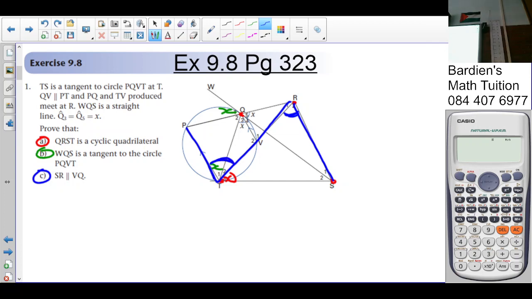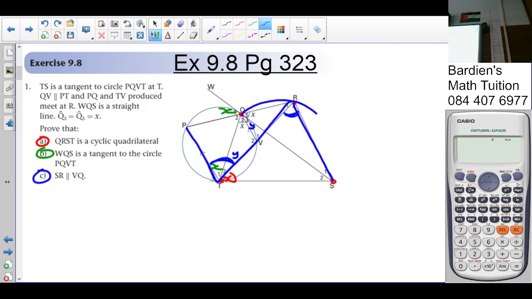So if I make this Y, T2 is also equal to which angle? T2 is equal to Q4. That is why tan chord here. And then the job is done. Why?